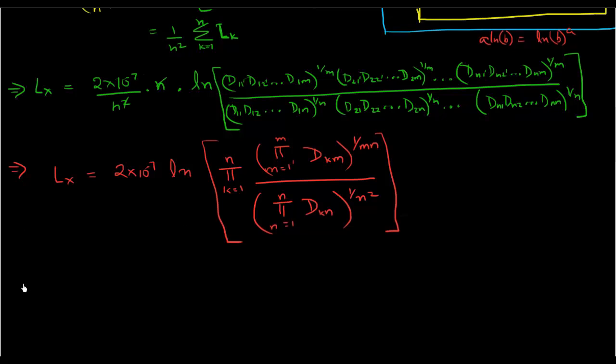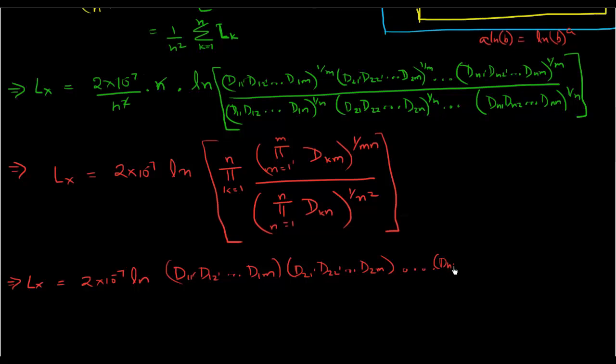So in essence, when you expand this term, you can write this as 2 into 10 to the power minus 7 ln of d11 prime, d12 prime, so on till d1m prime, and then you have d21 prime, d22 prime, all the way to d2m prime. All of this goes to dn1 prime, dn2 prime, all the way to dnm prime.